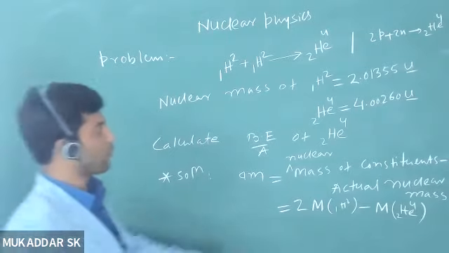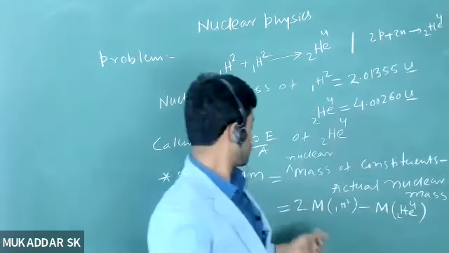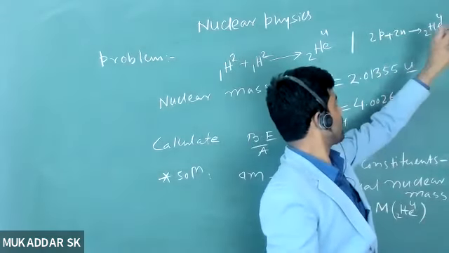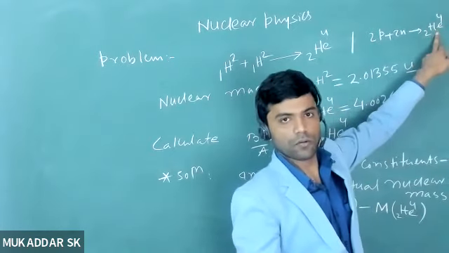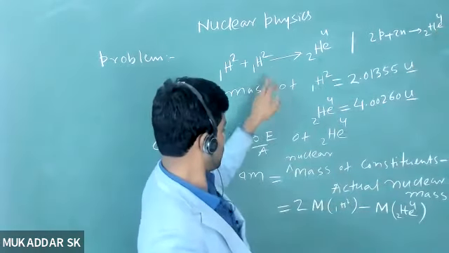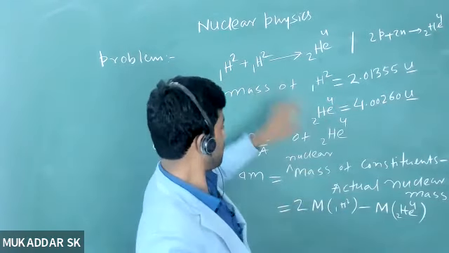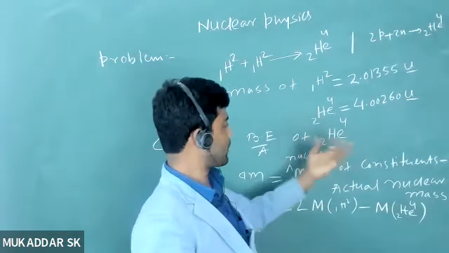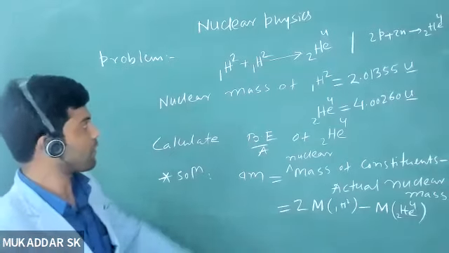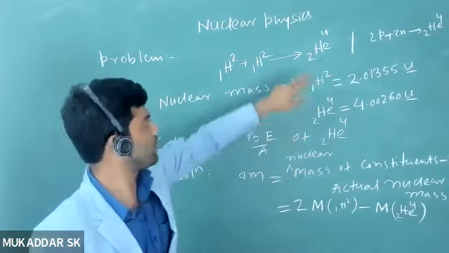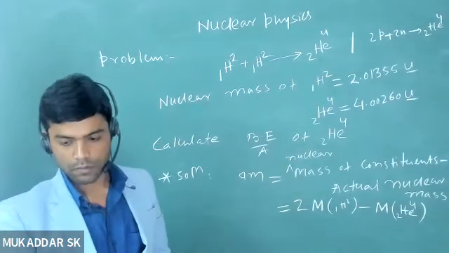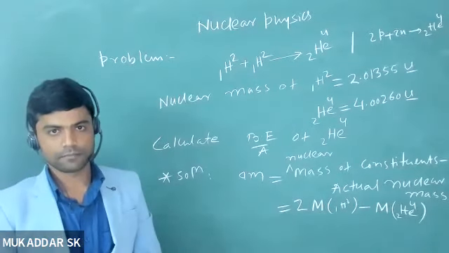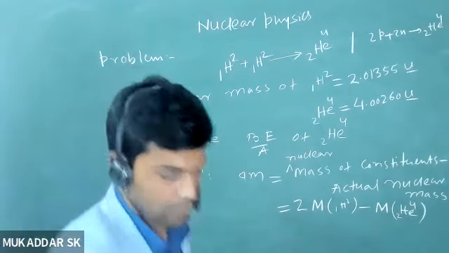So depending upon composition, if it was that case, what would we write? 2 times mass of proton plus 2 times mass of neutron minus actual mass, that will be the mass defect of this fellow. But here you have constituents like this. So mass of constituents minus actual mass of this fellow, that will provide you delta M. If you multiply it by C square, that will be binding energy. And if you divide by mass number, then you will get the binding energy per nucleon of this nucleus. Is this clear what I'm saying? Yes, sir. Okay, good.